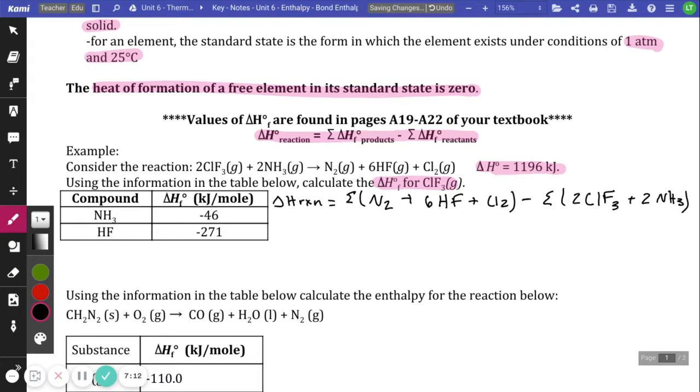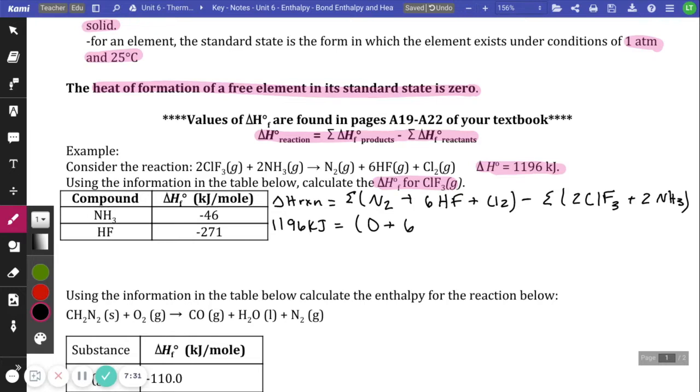Okay, let's plug in the values we have. We know that our delta H is 1,196 kilojoules. Our heat of formation of nitrogen is going to be 0 because it's an element. Even though it is N2, it's still an element, so it's going to be 0.